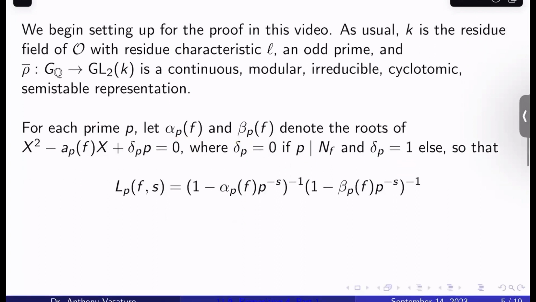And so then the local L function at P of F comma S is just 1 minus alpha P F to P times P to the negative S, all inverse, times 1 minus beta sub P of F P to the negative S, all inverse, just by definition.